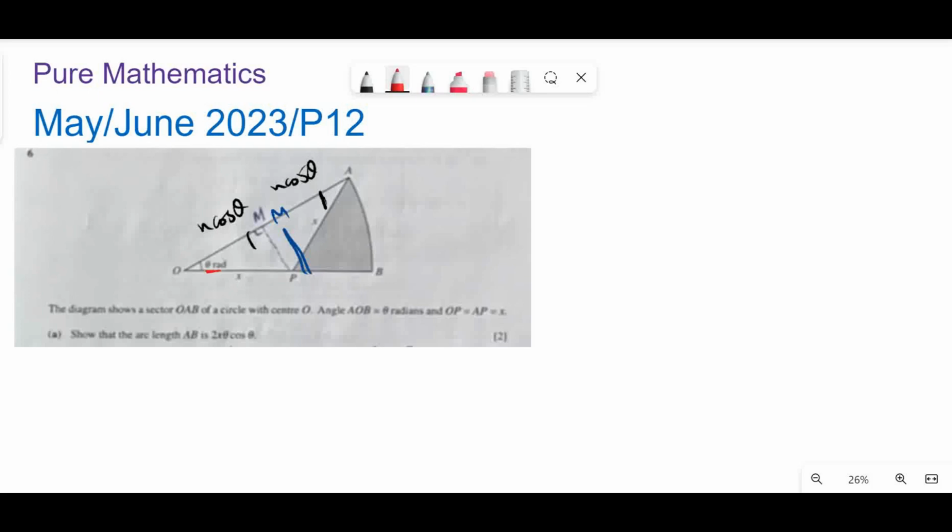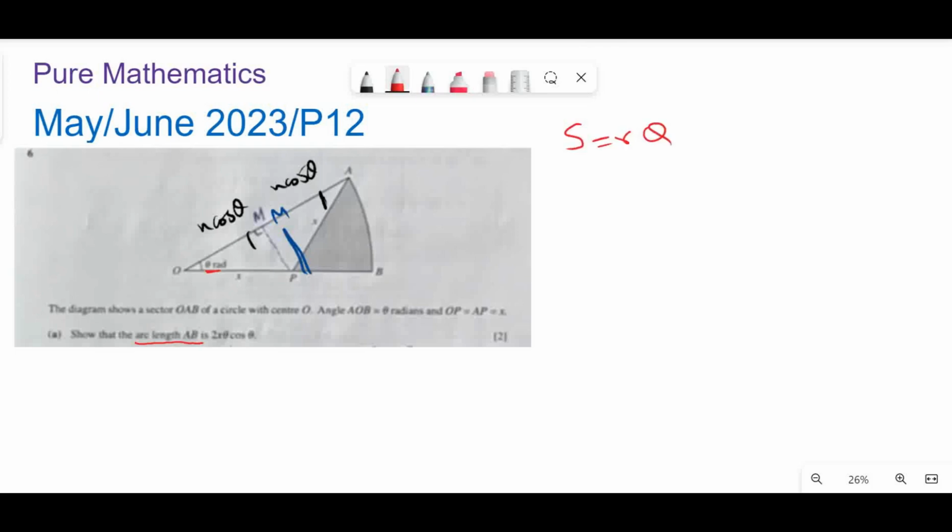Now first of all, let's see what we have to find out. We have to find out the arc length, and the formula for the arc length is S is equal to R theta.